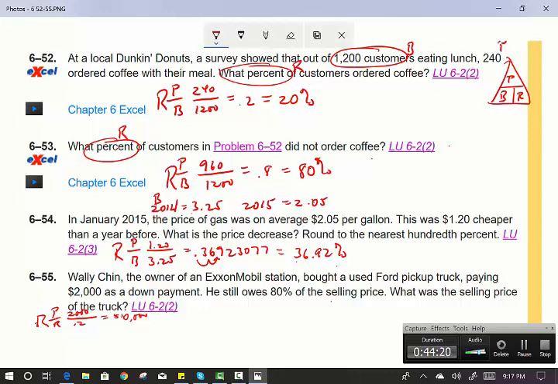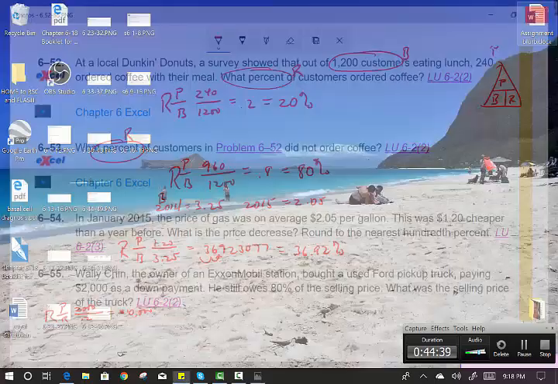Okay, running out of space. So $10,000 is the selling price of the truck after he made a $2,000 down payment, and he still owes $8,000. Okay, let's go ahead and take a look at the summary practice test.